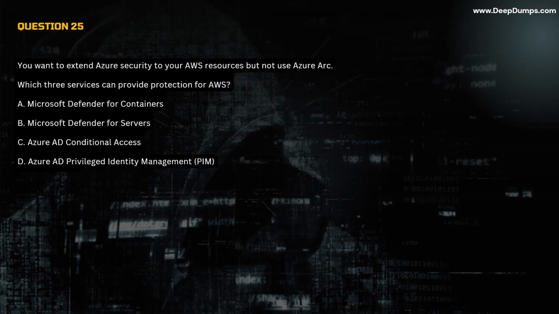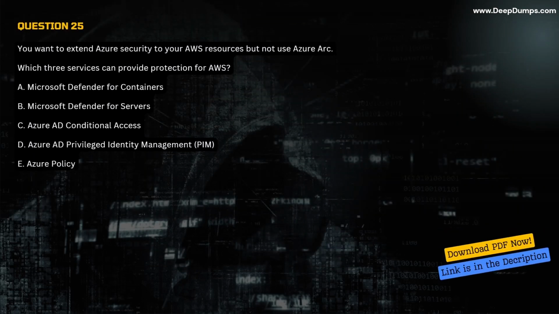Question 25. You want to extend Azure Security to your AWS resources but not use Azure Arc. Which three services can provide protection for AWS? A. Microsoft Defender for containers. B. Microsoft Defender for servers. C. Azure AD Conditional Access. D. Azure AD Privileged Identity Management (PIM).